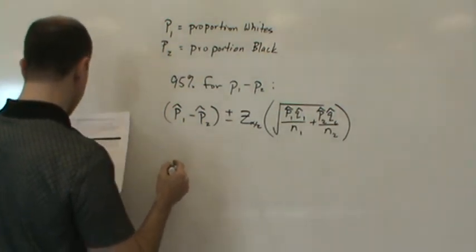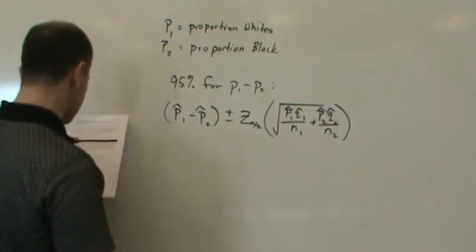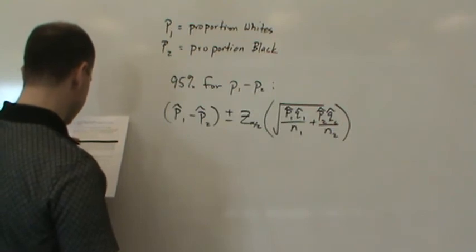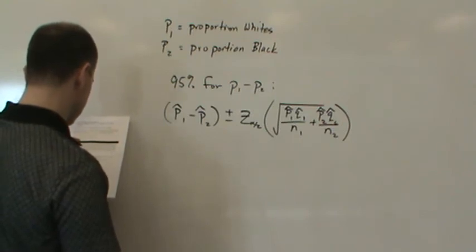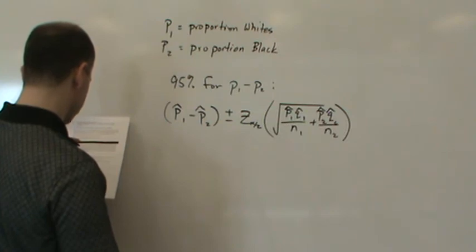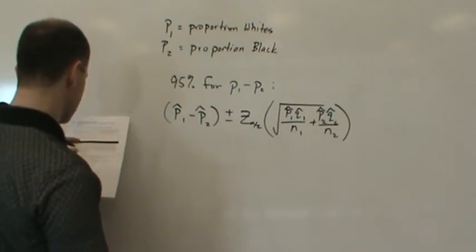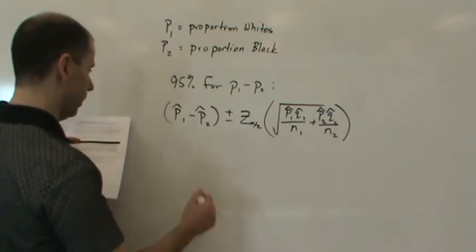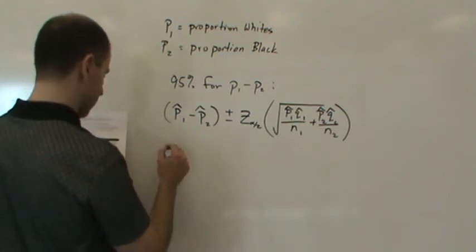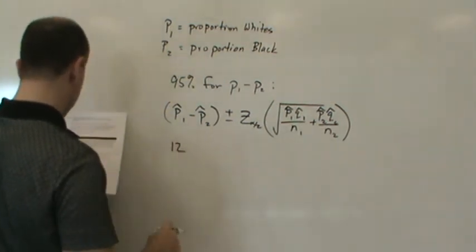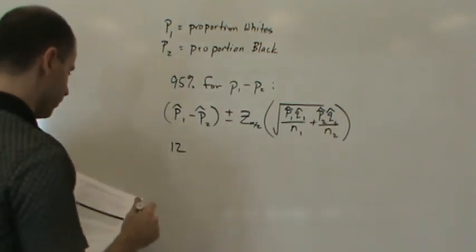So what's 5% of 232? 10% is 23.2, so 5% is going to be 11.6. We'll just say 12 because we have to round.